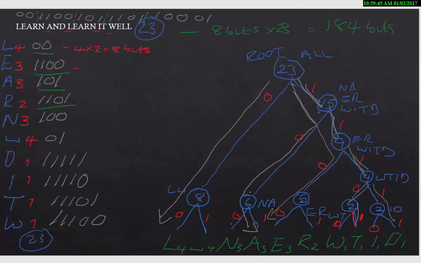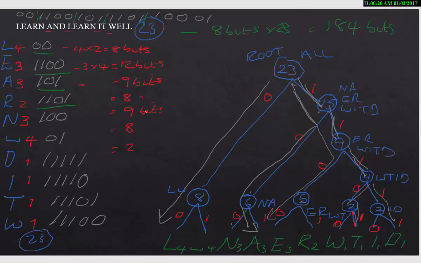This is going to be 3 times 4, so E will be 3 times 4, and that's going to be 12 bits. A will be 3 times 3, which is 9 bits. R will be 2 lots of 4 bits, which is 8 bits. N will be 3 lots of 3 bits, which is 9 bits. Our space will be 4 spaces with 2 bits for each, so that's 8. And then for each of the others, there are 5 bits and just one of them.